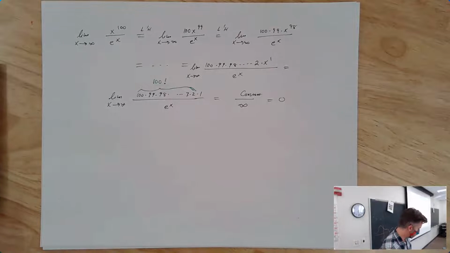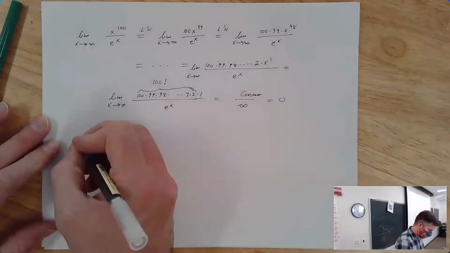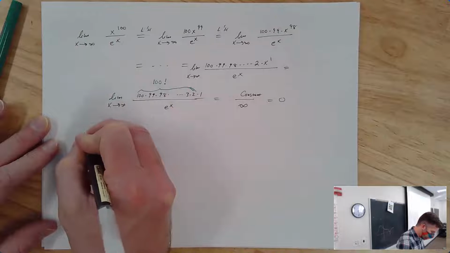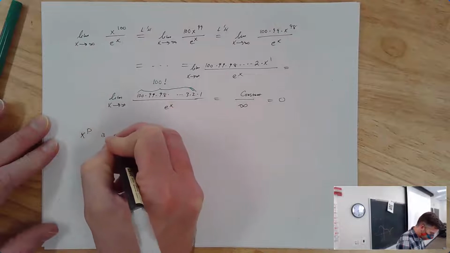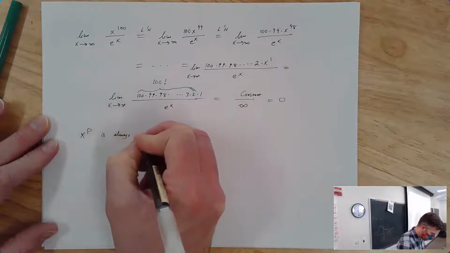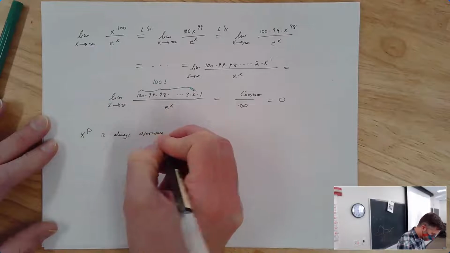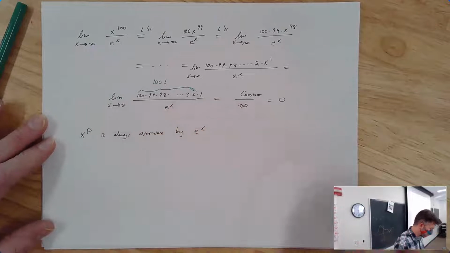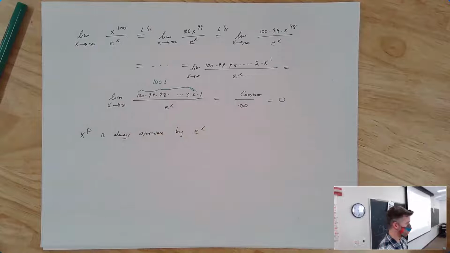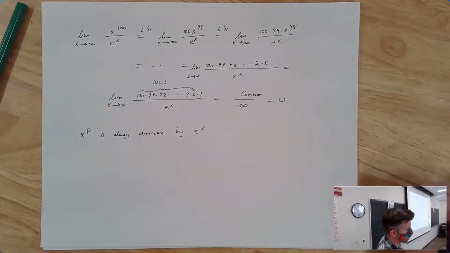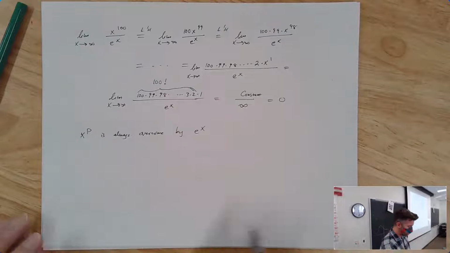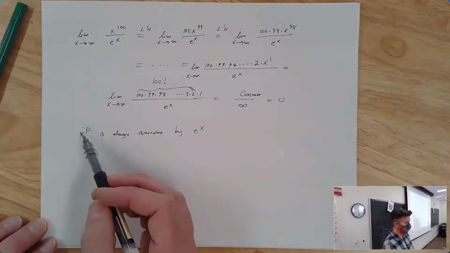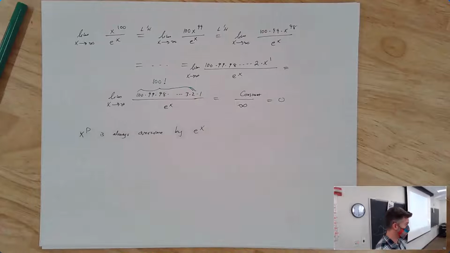So what this actually says to us is that x to any power is always overcome by an exponential function. No matter what, x to the 100th, x to the billionth power. If you graphed it and zoomed out, x to a large power looks like it's way bigger than e to the x for quite a while.